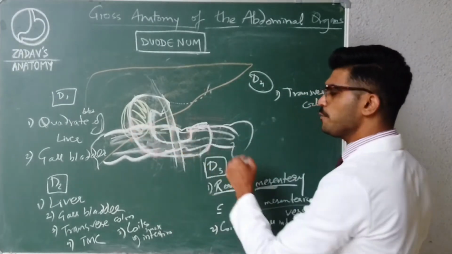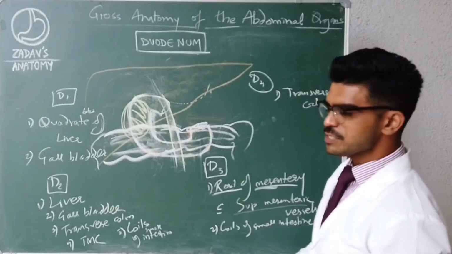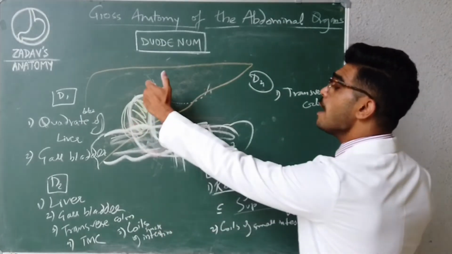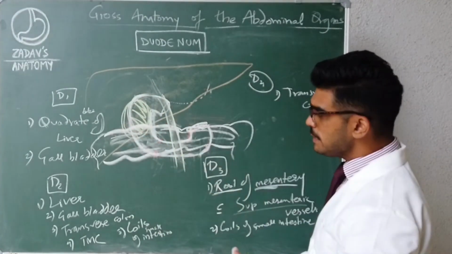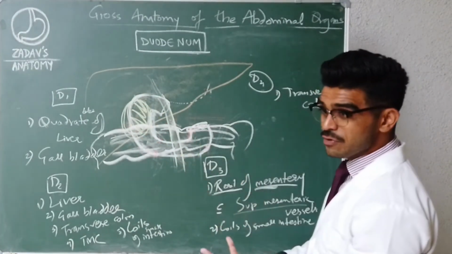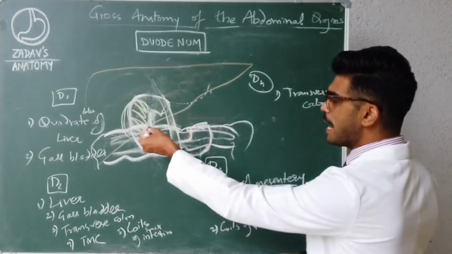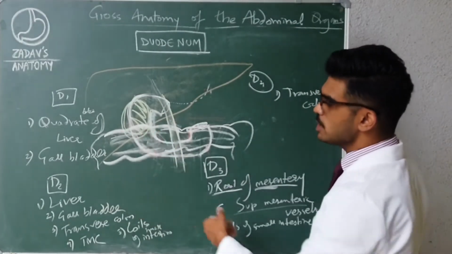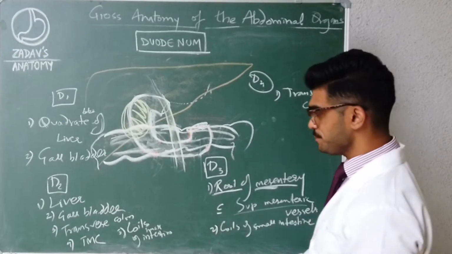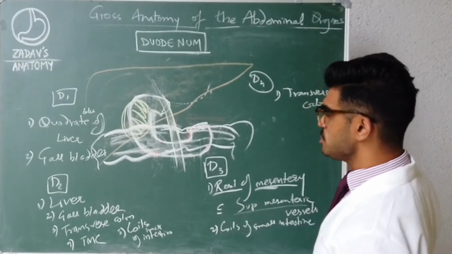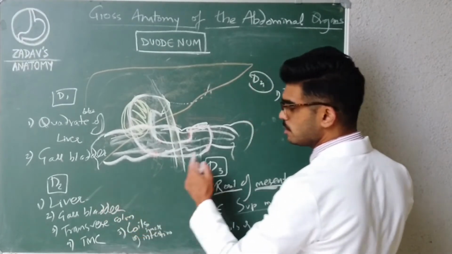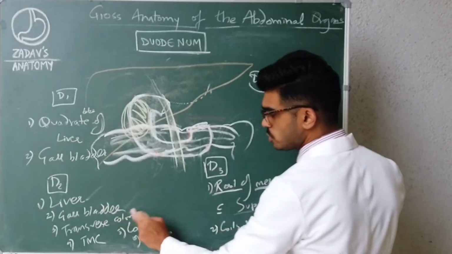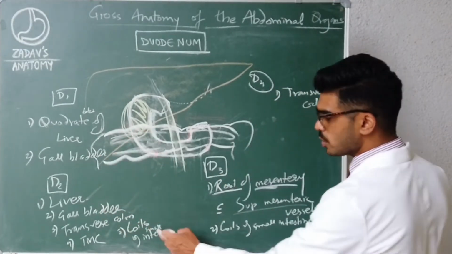The second part of the duodenum, the posterior relations are the medial border of the right kidney, the right margin of the inferior vena cava, and of course the right psoas major. The anterior relations are once again the liver, the gallbladder, the transverse colon, the transverse mesocolon, and coils of small intestine.